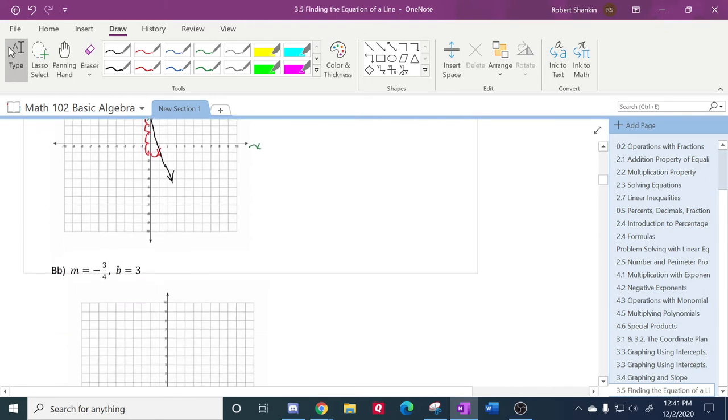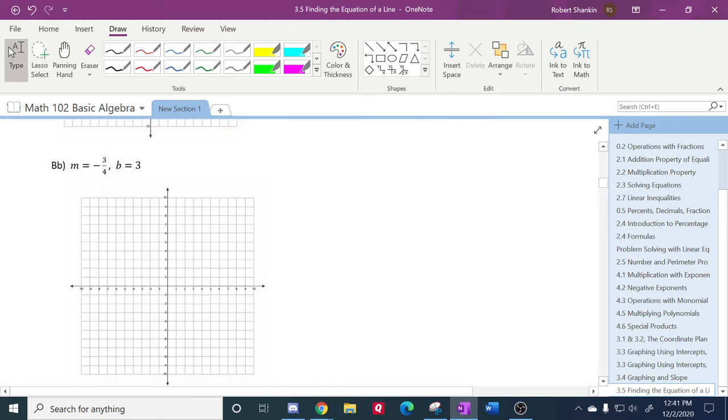M is the slope, B is the y-coordinate of the y-intercept. Graph this one. Okay, 15 more seconds.